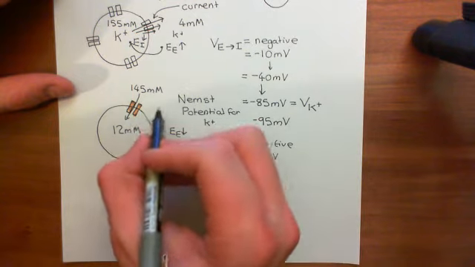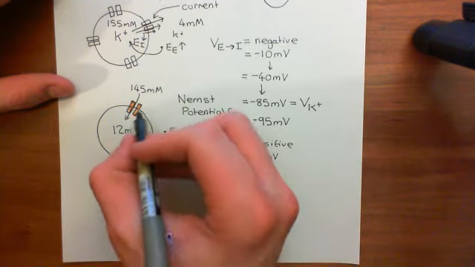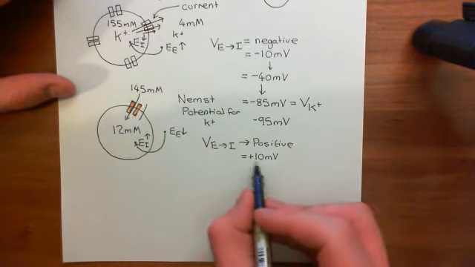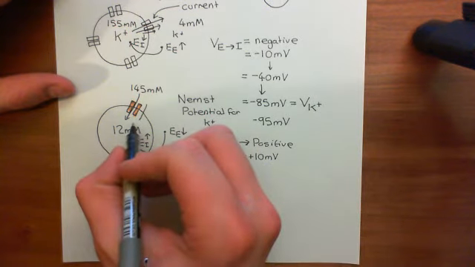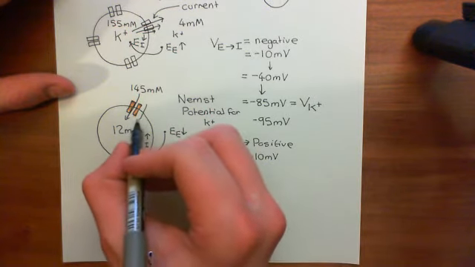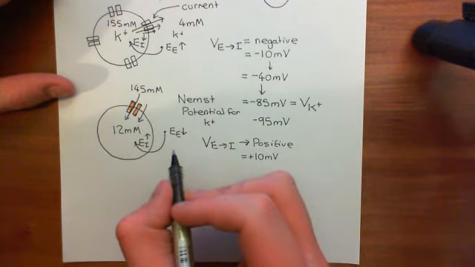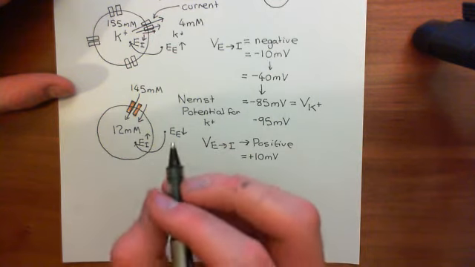So the sodium ions will now feel a lure towards the extracellular compartment. Now, at plus 10 millivolts, this isn't strong enough to completely stop a net movement of sodium into the cell because of the concentration gradient, but it will reduce the number of sodium ions that are coming in. So it will reduce this current of sodium coming in.